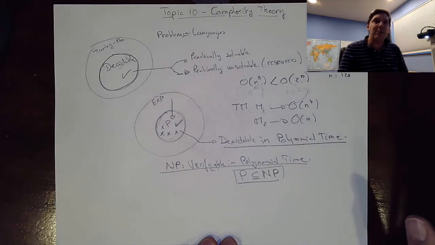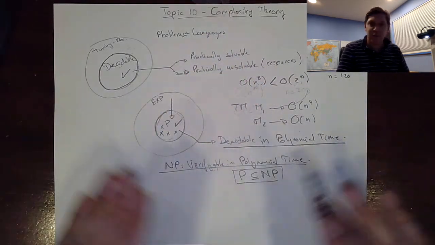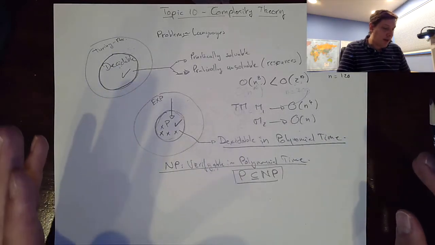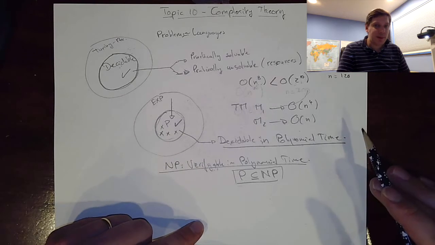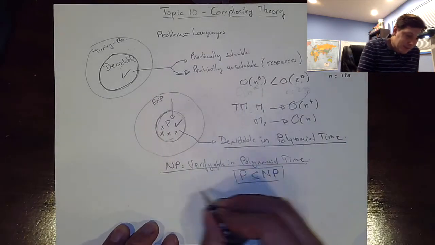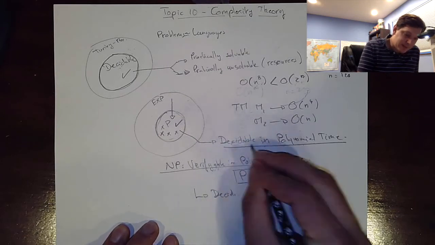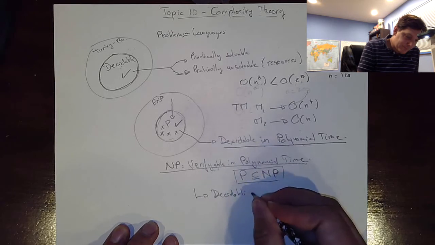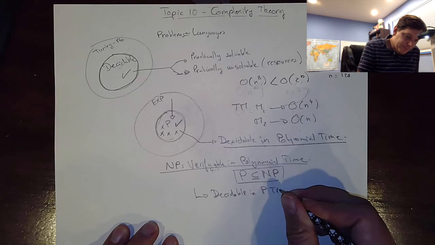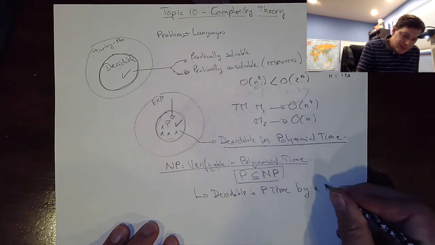Another way to describe NP that I find, in some sense, the book emphasizes verifiable, but I find in some sense it's better to call NP decidable in polynomial time by a non-deterministic Turing machine, right? So NP can also be described as decidable, so the same as here, in polynomial time by an NTM.